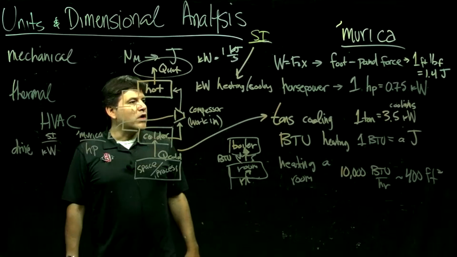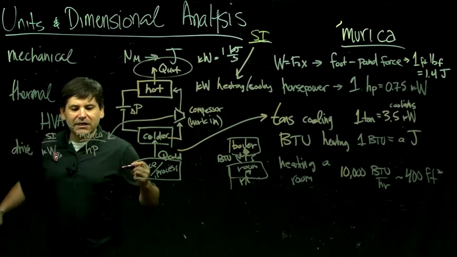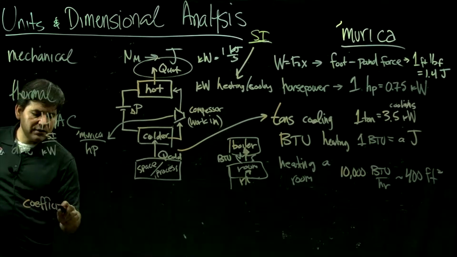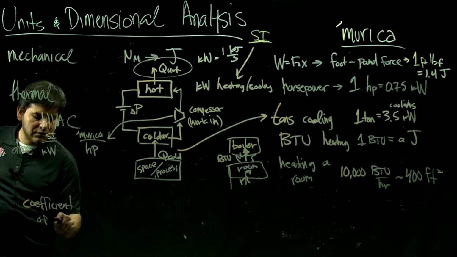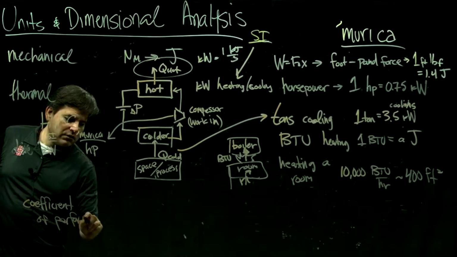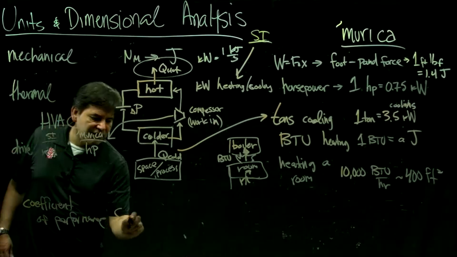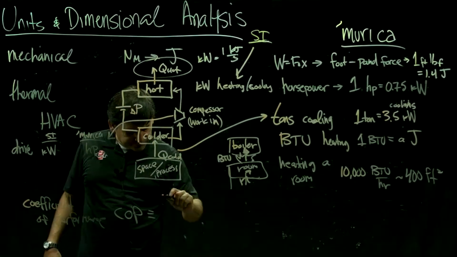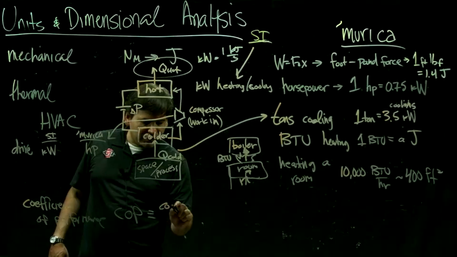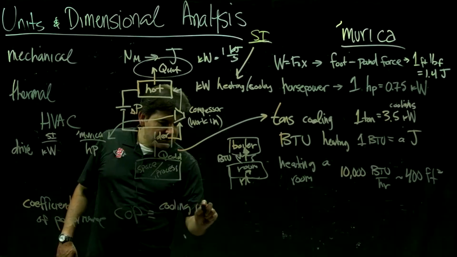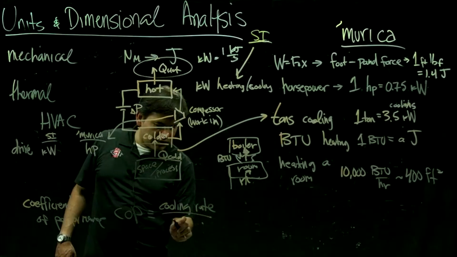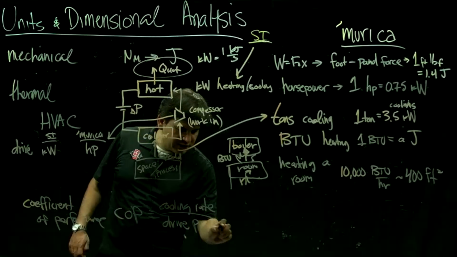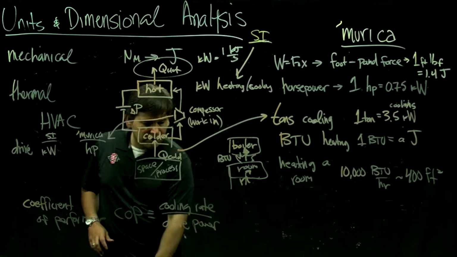Okay? So one note about this is that the coefficient of performance is how you would quantify this. COP is by definition the cooling rate you're trying to achieve over the drive power, the mechanical energy you would have to use.